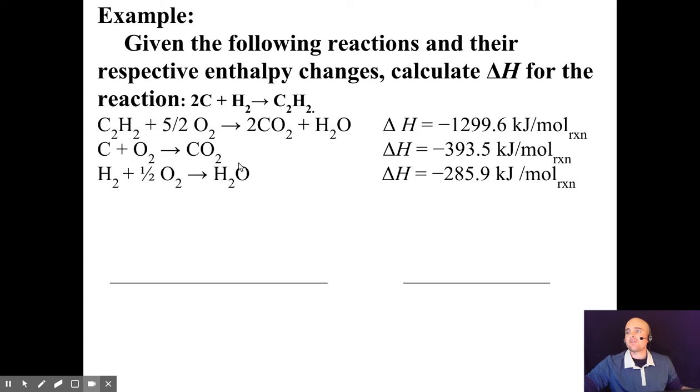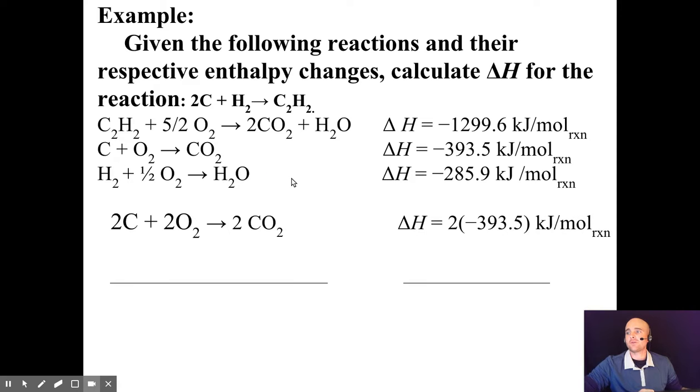So somehow I need to make these three steps look like my original equation, using Hess's law. Watch out, because commonly they'll give you some steps, but they're not always in the right order. So don't presume that this is the first step.